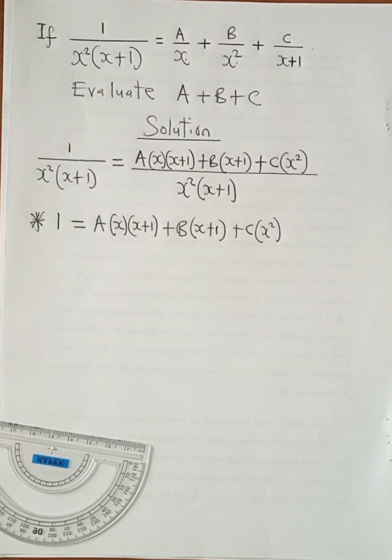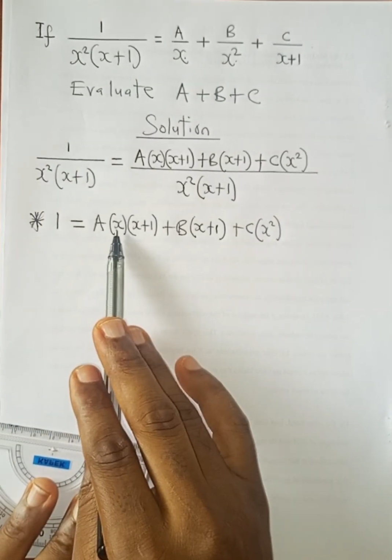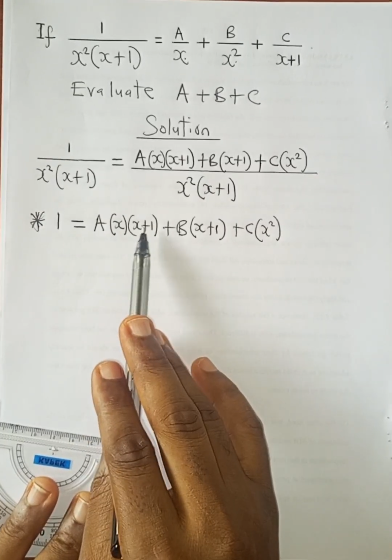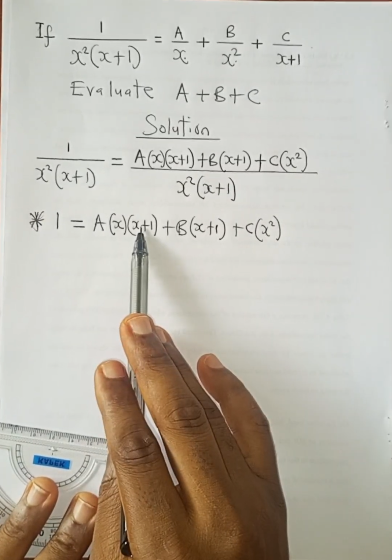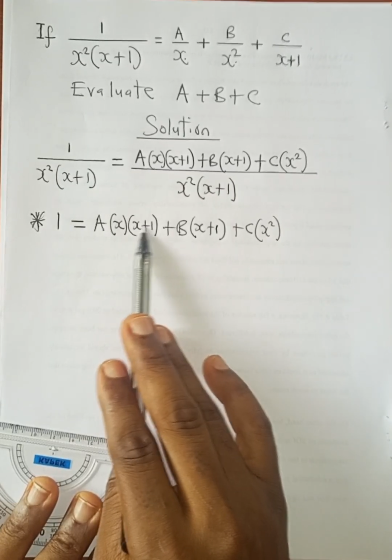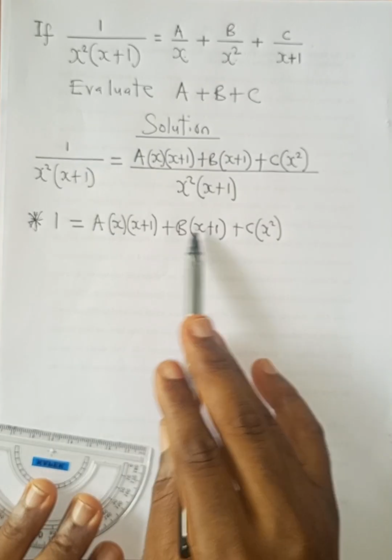Simple. Remember the cover up that I taught you. Let's start with minus 1. If s is minus 1, this one will give us 0, so A will become 0. If s is minus 1, this bracket will give us 0, B becomes 0.